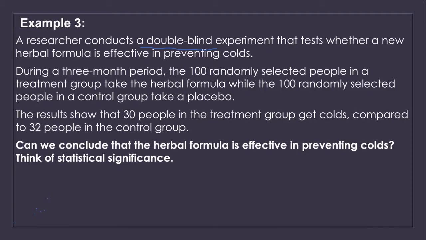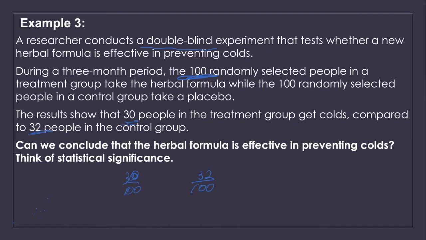So in my treatment group of 100 people, 30 out of 100 got colds, compared to those in our placebo group, which was 32 out of 100 got colds. Do we think that this herbal supplement works in a statistically significant enough way? No, 30 and 32 are really, really close.